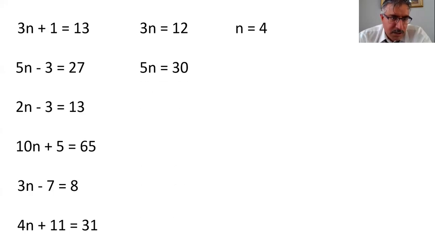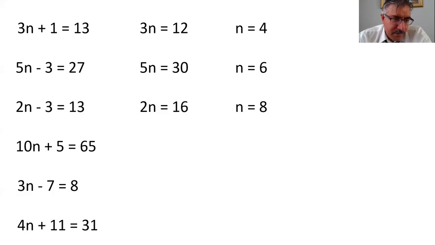5n is equal to 30 in this one, because you took away 3 to give you 27. So 5n is equal to 30, n is equal to 6. 2n is equal to 16, n is equal to 8. Look at this one. You got 10 cups of cubes plus another 5 gives you 65.